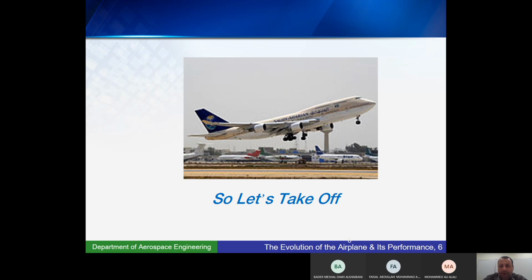So when we say aircraft, it's a heavier than air vehicle that's capable of powered flight. So it flies under its own power. And the last missing keyword is controlled flight. So it achieves controlled flight under its own power. It can change attitude, it can change direction, it can go up, it can go down. So it is controllable, it is powered, it flies in the air, and it's heavier than air.